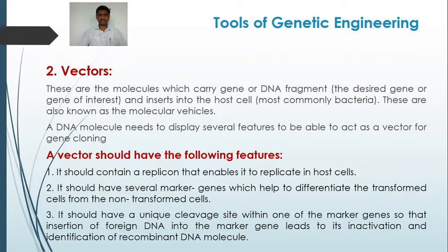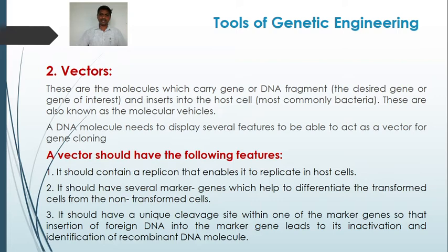So what is the feature of this? If the vector possesses the unique cleavage site within one of the marker genes, and when we insert a gene of interest or the foreign DNA into that marker gene, the marker gene gets inactivated.